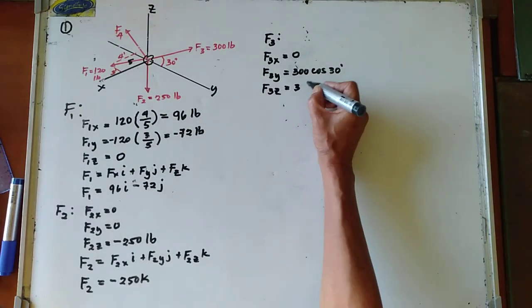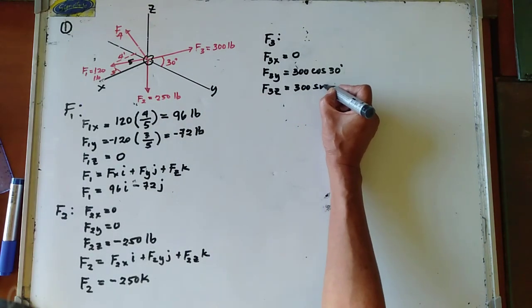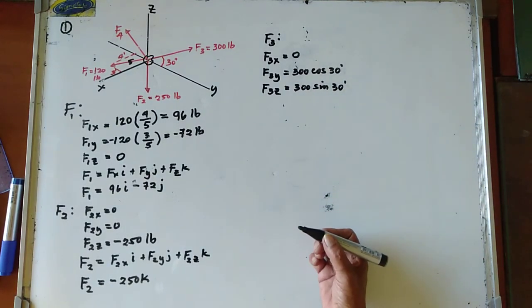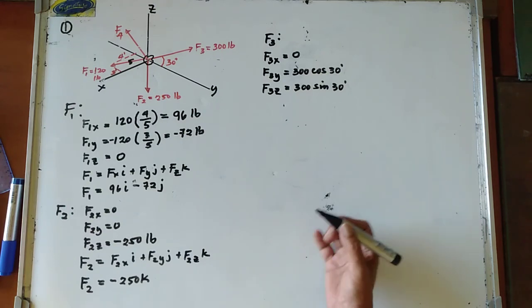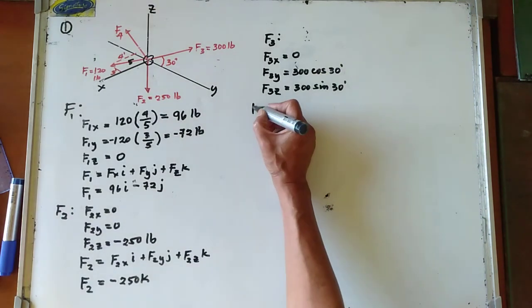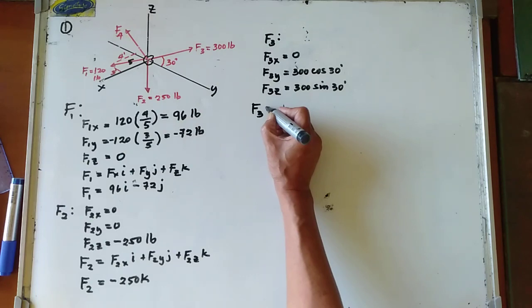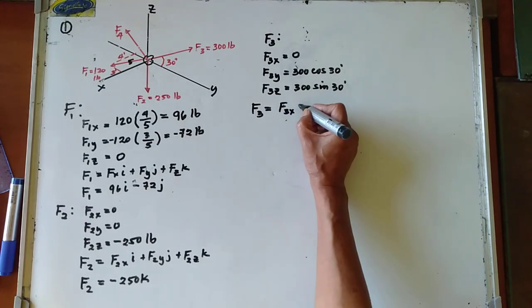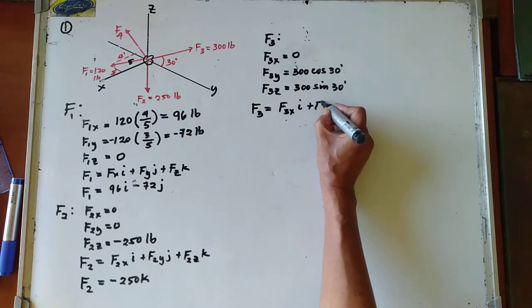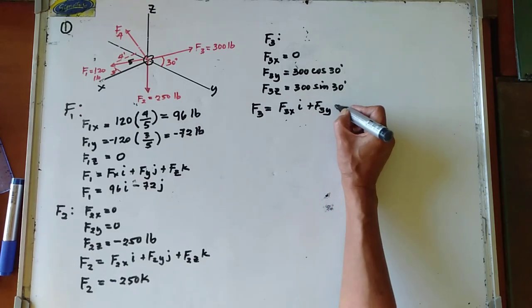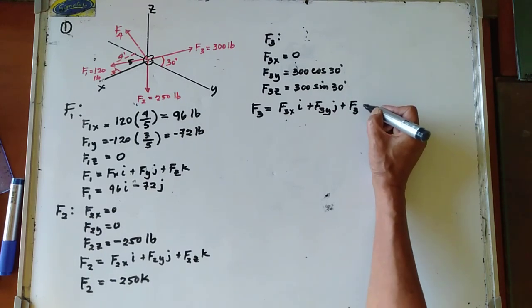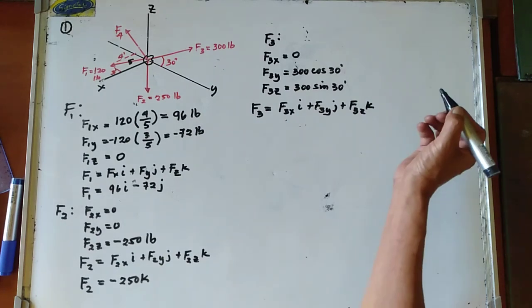So it is also positive 300 sine of 30 degrees. So it's positive sine of 30 degrees. Hence, your F3 in Cartesian vector form is F3x i plus F3y j plus F3z k.